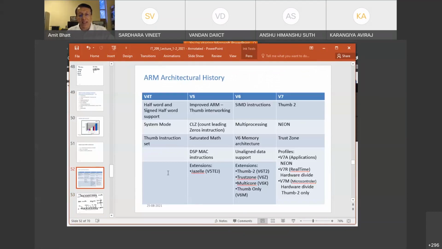This extension Jazelle, again, this is a calculated gamble, what I would say is a business gamble. At that time, Java was becoming popular. I mean, Java is still popular, but that was the rising time. And just like there is a big hype around Python, there was a hype around Java that you can conquer the world using Java.